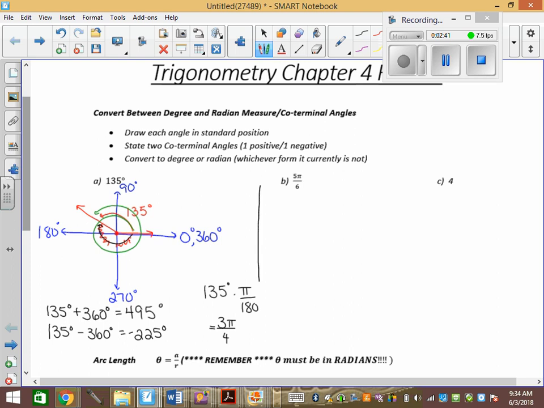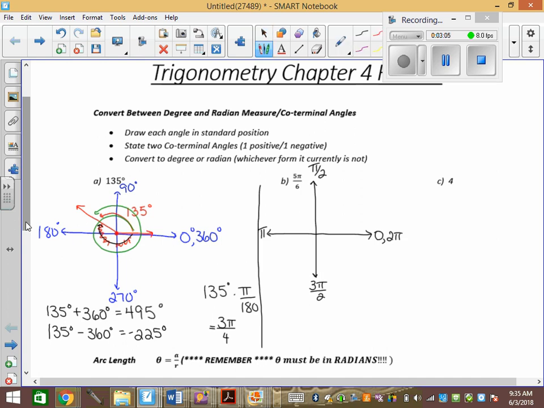And you get 3 pi over 4. Okay. Now we're going to draw 5 pi over 6. So we label our axis 0, pi over 2, pi, 3 pi over 2, 2 pi. You could do this all in degrees if you wanted to, convert them to degrees, then draw it.